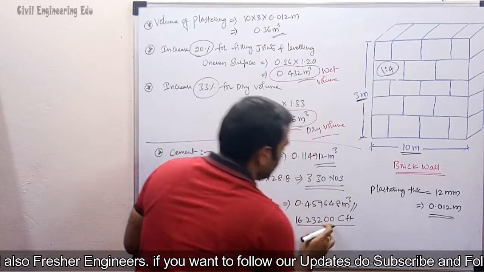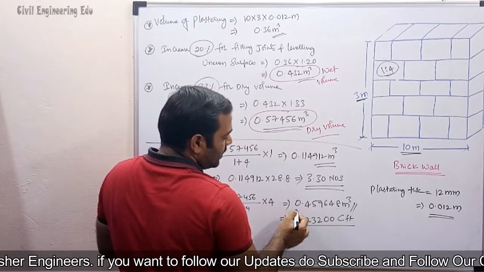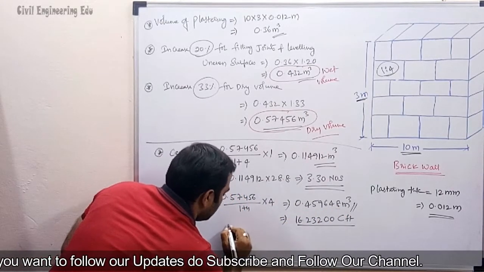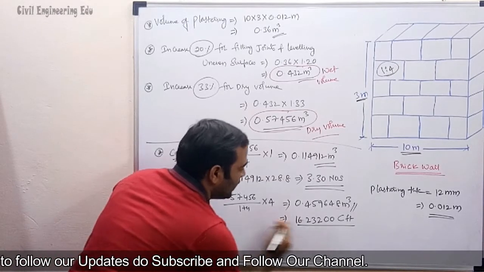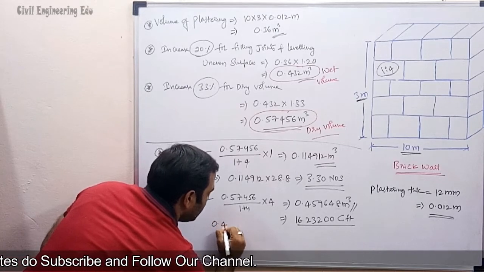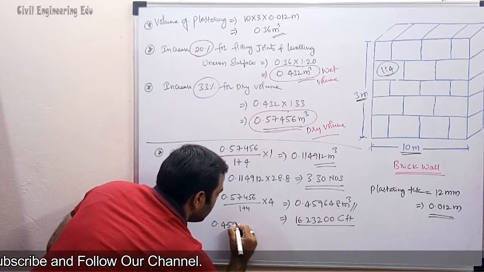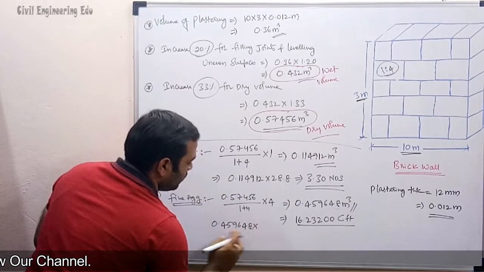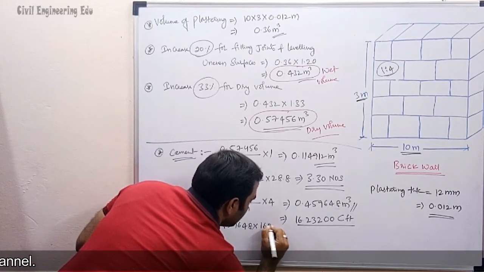This I got in cubic feet and this I got in cubic meter. Now to convert this into tons, we have to multiply this with density. 0.459648 into 1600.